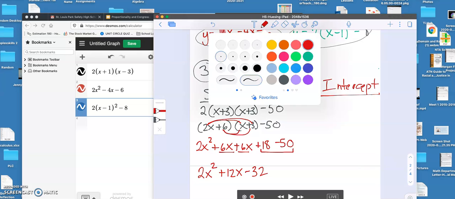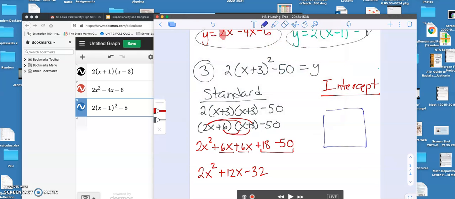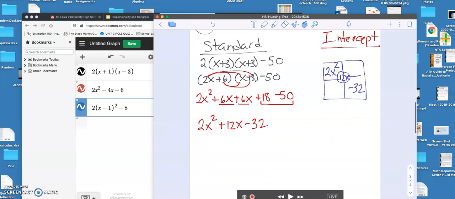All we're going to do is factor it. So I'll make the box and circle. So we have 2x squared, 12x, negative 32. And again, remembering it's a times c on the outside. So 2 times negative 32, negative 64. So it multiplies to negative 64: 1 and 64, 2 and 32, 8 and 8.